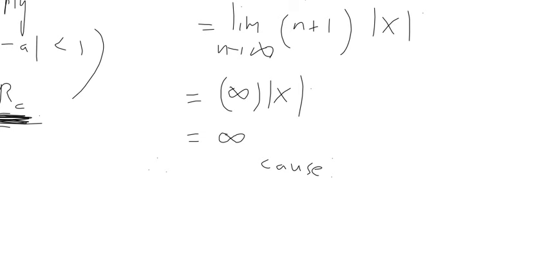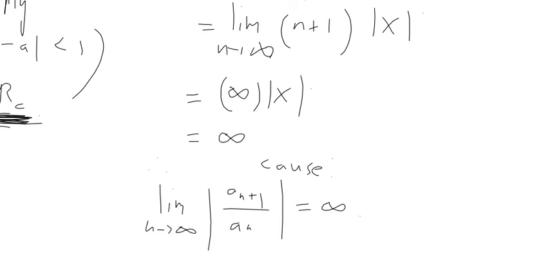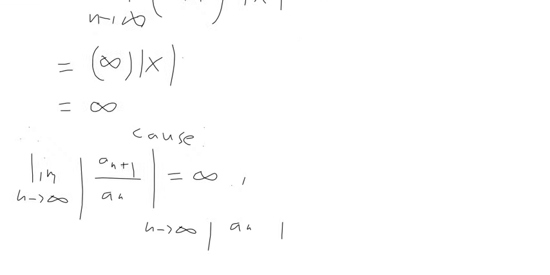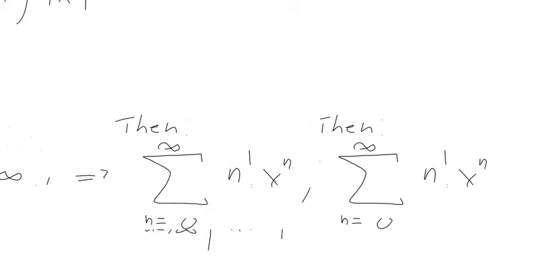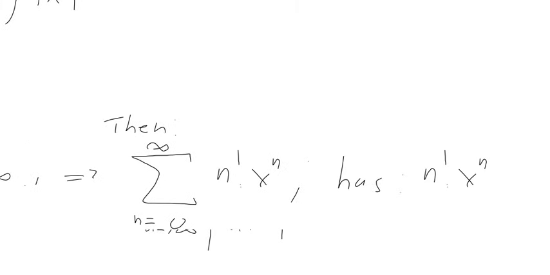Now, since the limit as n approaches infinity of the absolute value of a subscript n plus 1 over a subscript n is equal to infinity, this will imply that our sum from n equals 0 to infinity of n factorial times x to the n has a radius of convergence, an RC value, of 0, because we know from case 2, when the limit of the ratio test is infinity, then our power series must have a radius of convergence of 0.